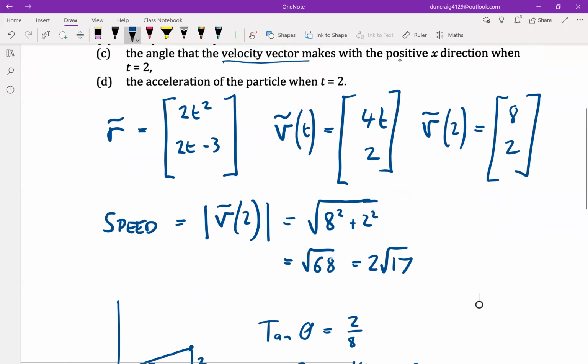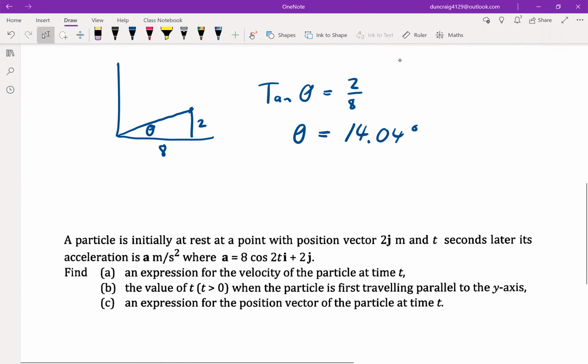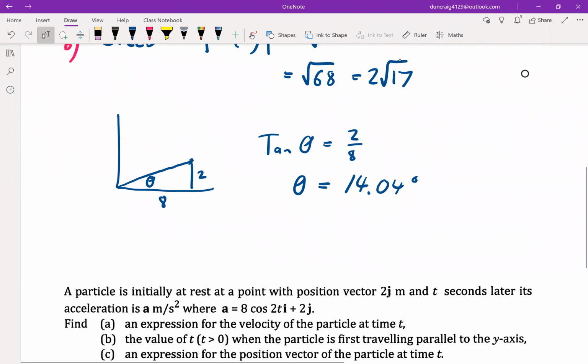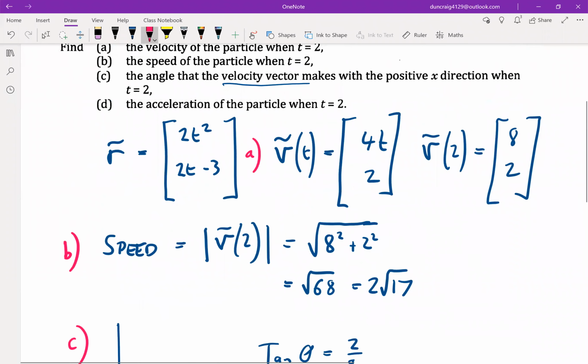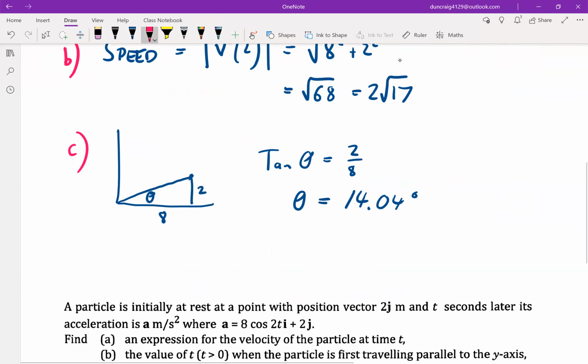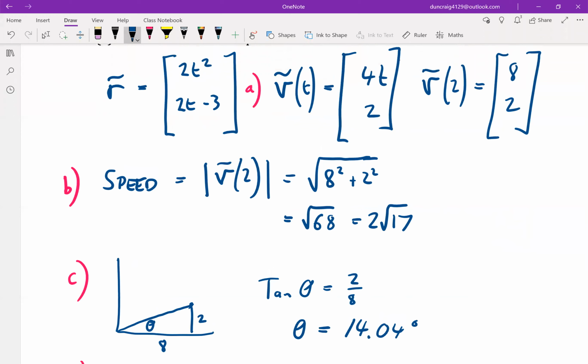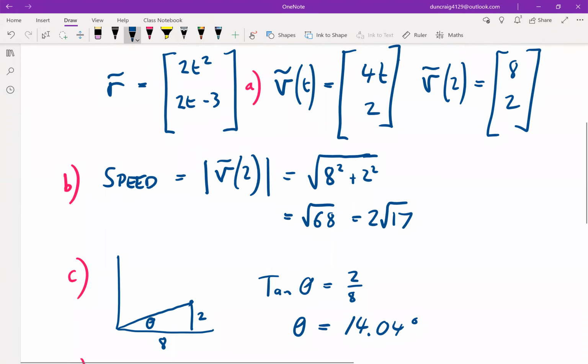Let's put these here. This was part A, that was part B, and this was part C. For part D, the acceleration when t is equal to 2. We're just going to differentiate velocity again.